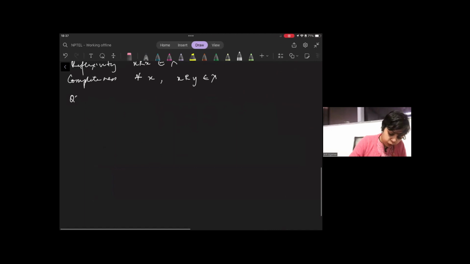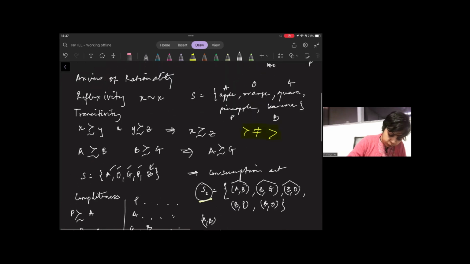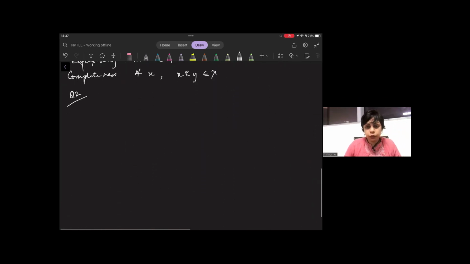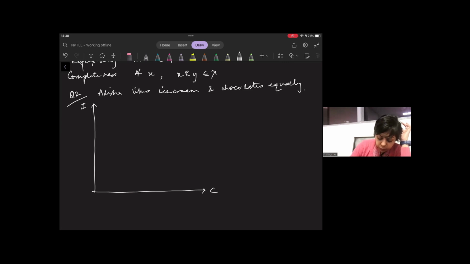So let's go to question 2. This was all question 1, right? In question 2, all we know is that Alicia likes ice cream and chocolate equally. Let's put chocolate here and ice cream here.